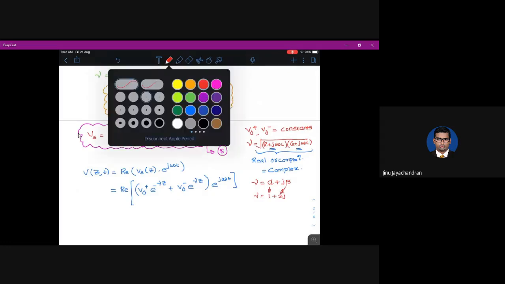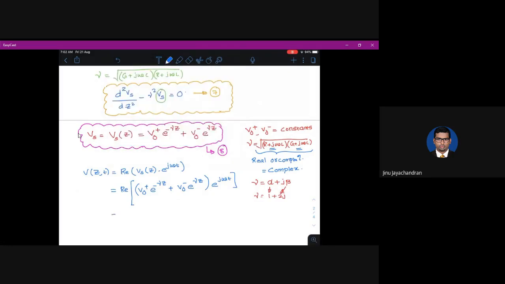So I can write this as real part of v0 plus e raised to minus of alpha plus j beta into z plus v0 minus e raised to alpha plus j beta into z, multiplied by e raised to j omega t.